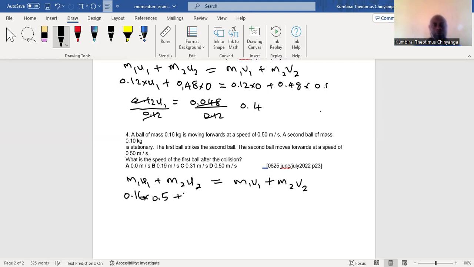And the second ball is of mass 0.1 and it's at rest. And the first ball, we want the final speed with which it moves after collision. And the second ball moves at 0.5 meters per second. This simplifies to 0.8. And this is 0. This gives us 0.